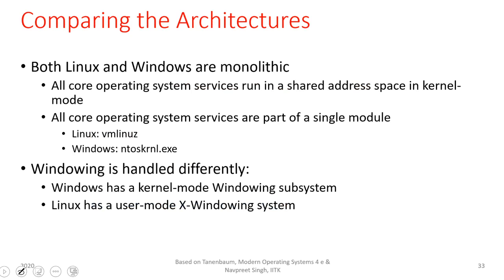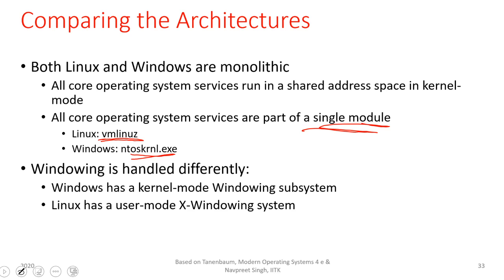But when we compare these two operating systems, they are both monolithic kernel operating systems. When we discussed kernels of operating systems, we said monolithic kernels are fairly common, and these two operating systems have that. And the core part of the monolithic kernel can be identified as that.